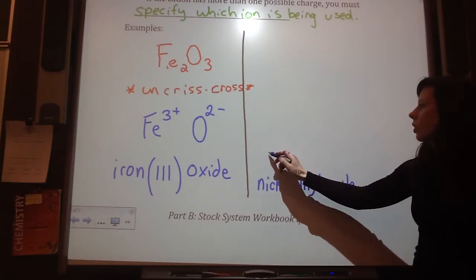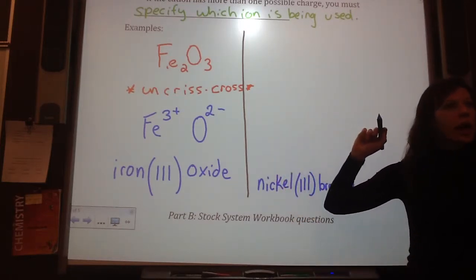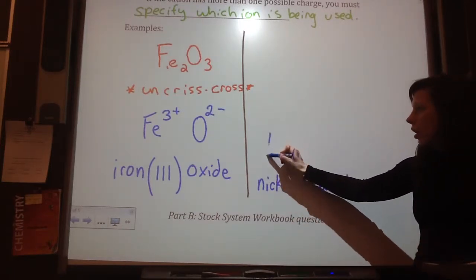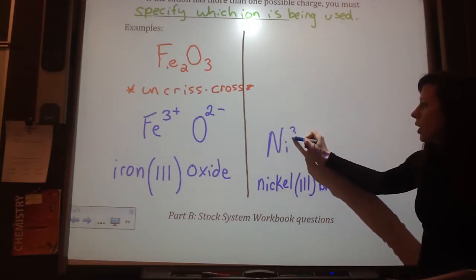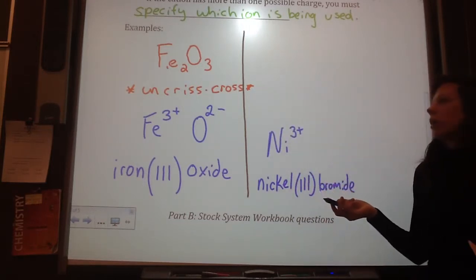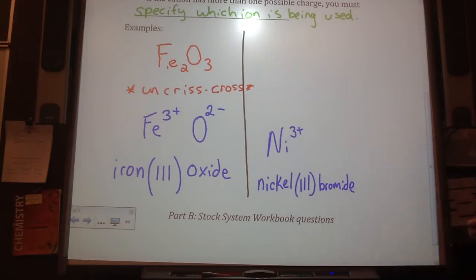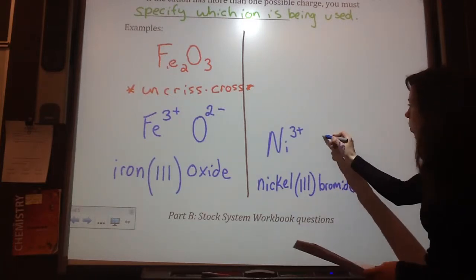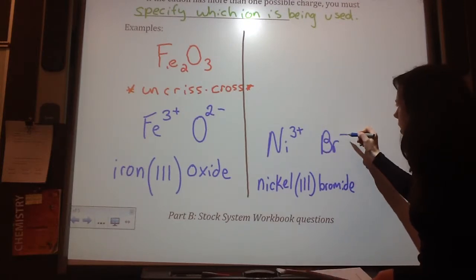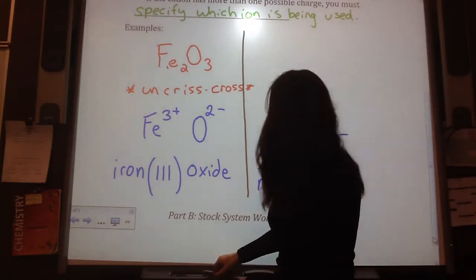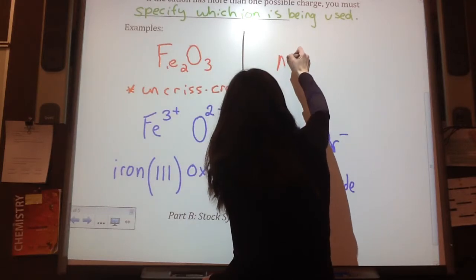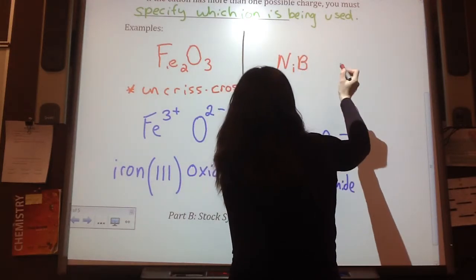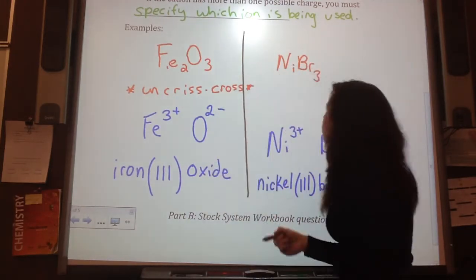Not that there are 3 nickel atoms, but that nickel has a charge of 3 plus. That's really hard because before the numbers meant how many atoms, but this number means the charge. And bromine, what's its charge? Minus 1. So now we crisscross, and what's our compound? NiBr3.